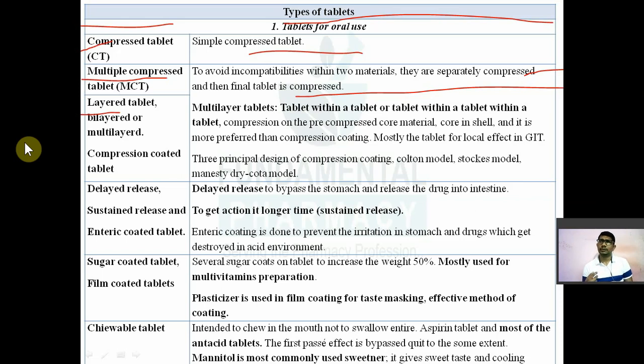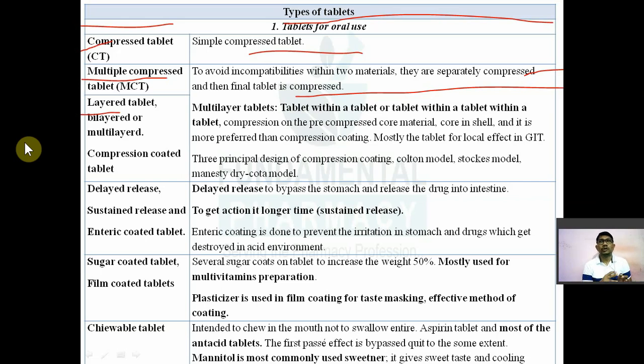For example, if you want one layer to dissolve immediately in the stomach, and one layer to dissolve after some time, such an arrangement is also possible in this layer tablet. Again, if you are formulating two drugs, तो दो ड्रग का फॉर्मूला है आपका, दो ड्रग हैं एक ही टैबलेट में, और आपको एक ड्रग स्टमक में रिलीज करना है और एक ड्रग इंटेस्टाइन में रिलीज करना है. अगर मान लीजिए दोनों अलग अलग टैबलेट बनाए तो उसका कॉस्ट भी बढ़ता है.